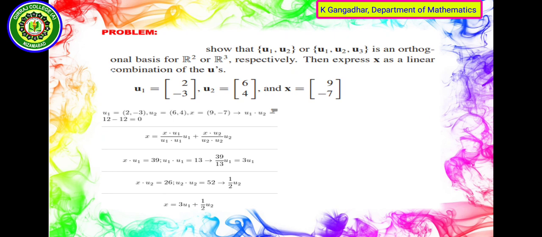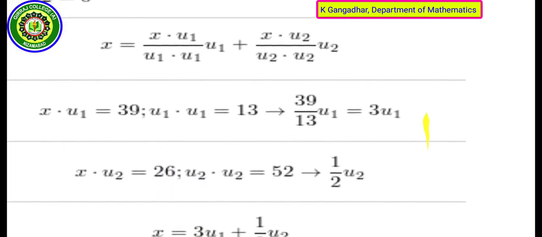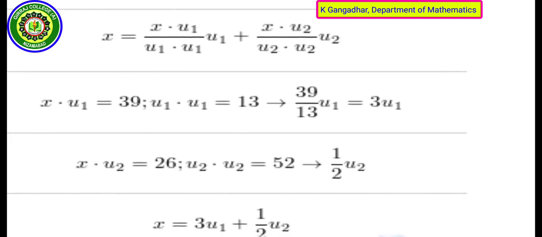Same model problem. Show that u1, u2 or u1, u2, u3 is an orthogonal basis for R2 or R3 respectively. Then express x as a linear combination of the u's. So we write x as a linear combination of u1, u2. We know the formula directly: x equals x dot u1 by u1 dot u1 into u1 plus x dot u2 by u2 dot u2 into u2.